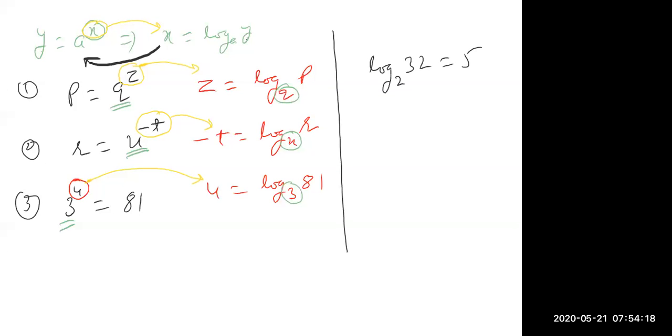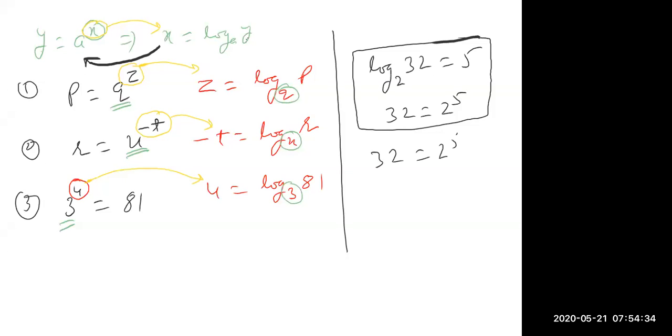So you can write 32 is equal to 2 raised to power 5. They are two equivalent statements. Because this was the index. See here what I've done. If I ask you 32 is equal to 2 raised to power 5, convert in log. How will you convert in log? This index will come in the front: 5 is equal to log 32 to base 2. Same thing you can see.